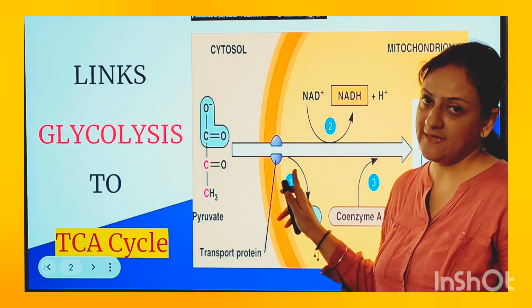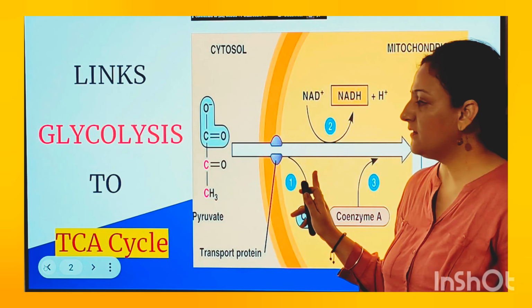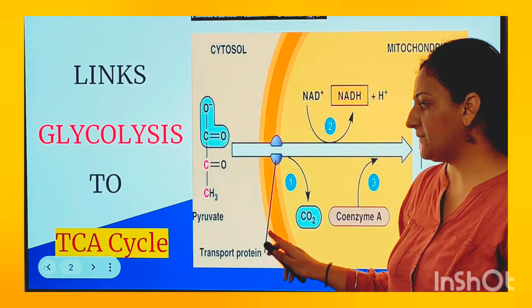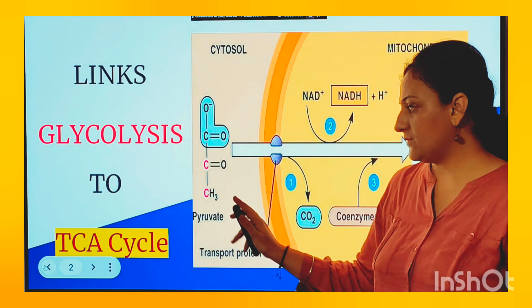Now, first this pyruvate is brought into the mitochondria with the help of transport proteins like the pyruvate mitochondrial carrier. These are transport proteins present on the inner mitochondrial membrane. So pyruvate is now present in the mitochondria, where it will be catalyzed by the PDHc, pyruvate dehydrogenase complex.